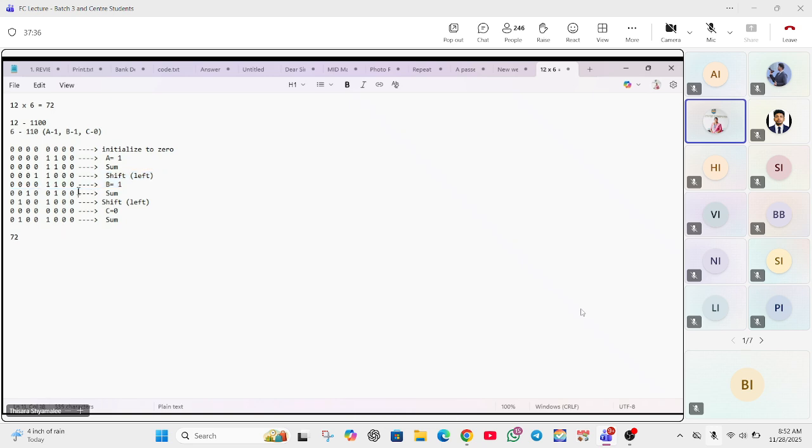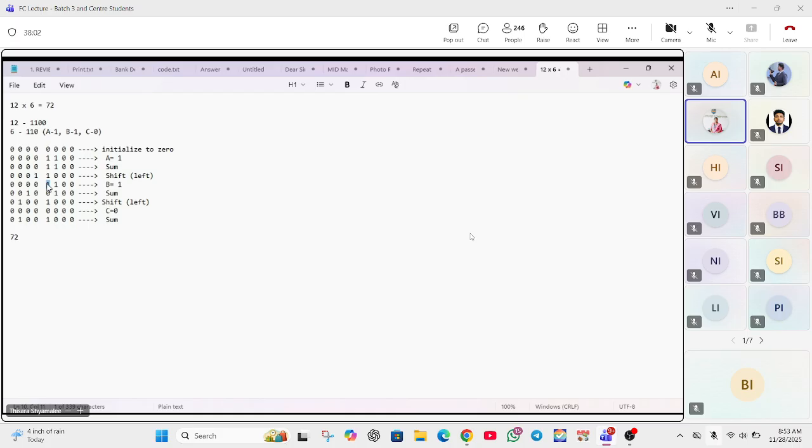Once you get the summation, you will get this answer: 0 0 0, then 0 0, again 0, then 0 plus 1 is 1, then 1 plus 1. Binary 1 plus 1 means 1 0.